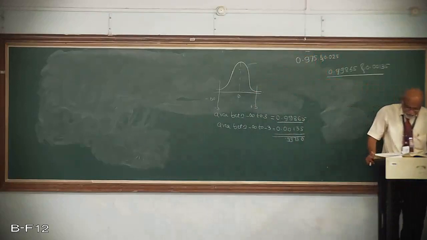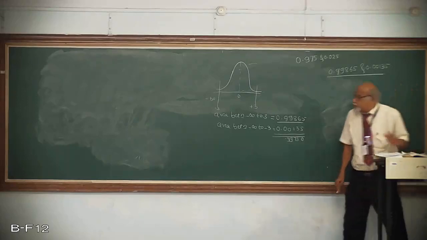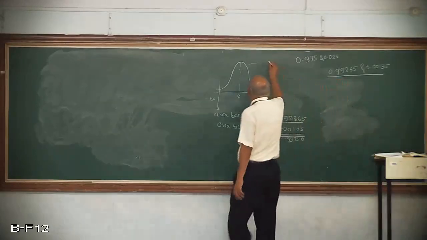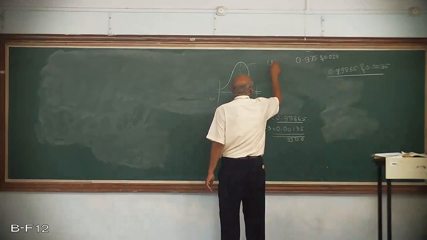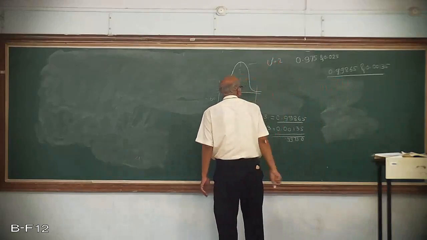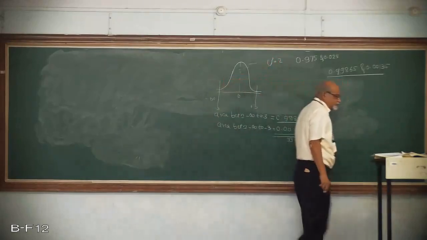The central line on the control chart is at u prime equal to 2. U bar, or u prime, is equal to 2.